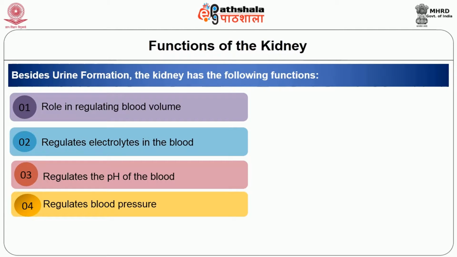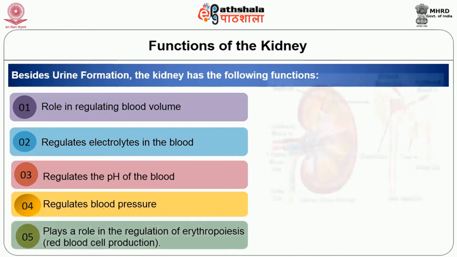When the kidneys excrete less water and reabsorb more water, the blood volume will increase. An increased blood volume will lead to an increased blood pressure. On the other hand, if the kidneys excrete more water, the blood volume will reduce. This will lead to reduced blood pressure.